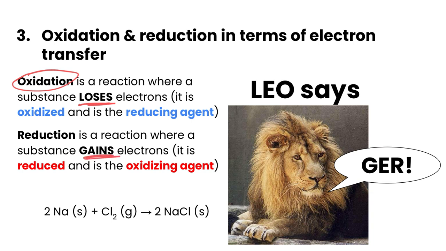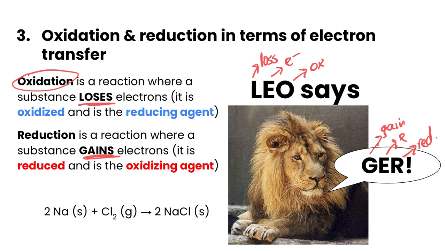And you can remember this by the saying, LEO says GER. So this stands for loss of electrons is oxidation, and gain of electrons is reduction. So that's one way to help you remember how this works.